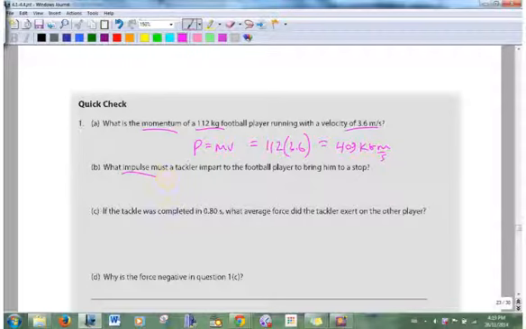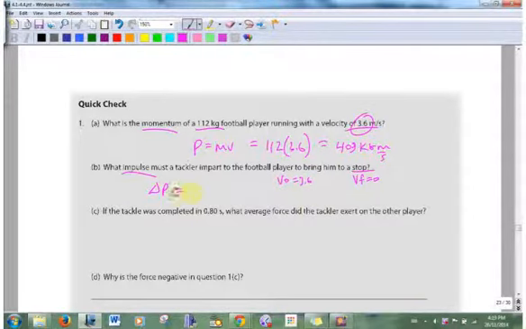Impulse. What impulse must a tackler give to the football player to bring him to a stop? Well, what is impulse? Impulse is the change in momentum. A stop means my final velocity is 0. Initially, it was 3.6.